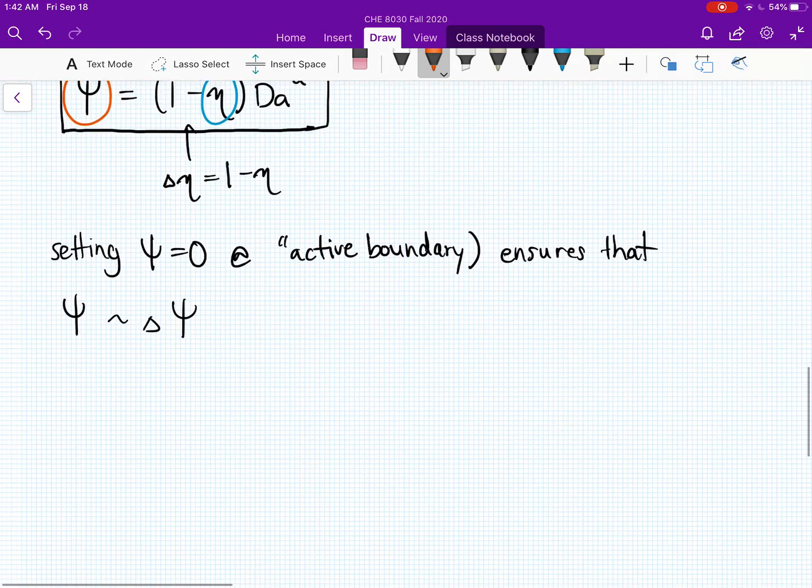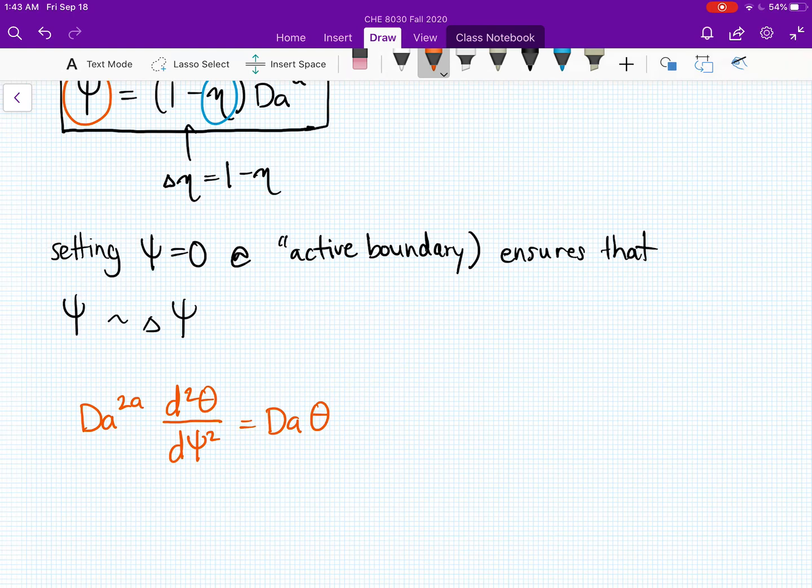And our new governing equation looks like this. Damköhler number to the 2a, second derivative of theta with respect to psi, is equal to the Damköhler number times theta.